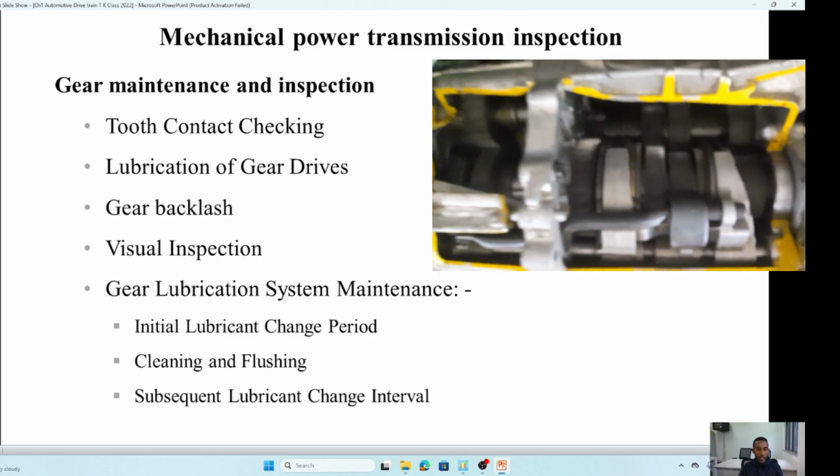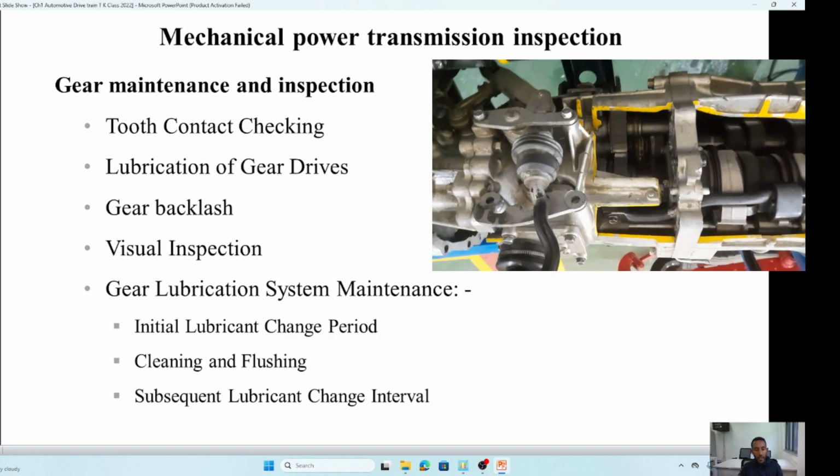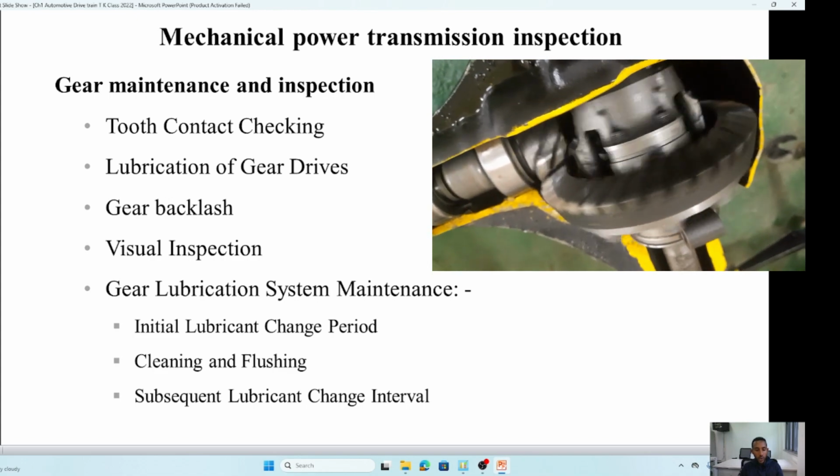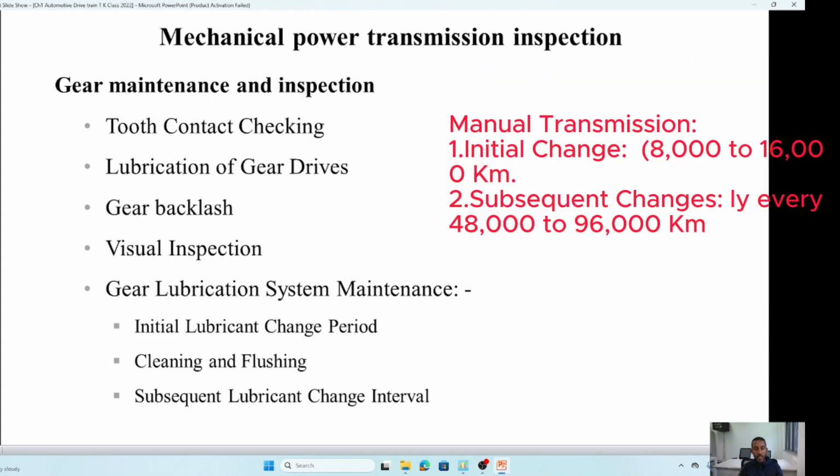So it's better, after you buy a new vehicle, to change the oil after a limited number of kilometers. For example, if you would normally change at 5,000 kilometers, it's better to change at around 1,000 for the initial change. We call this the initial lubricant change period.